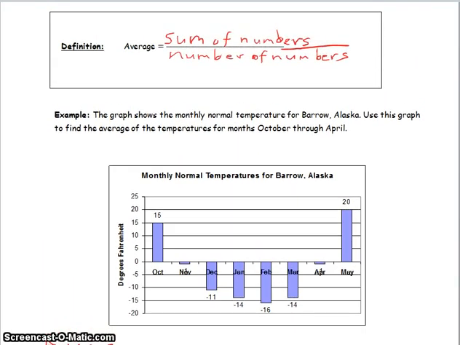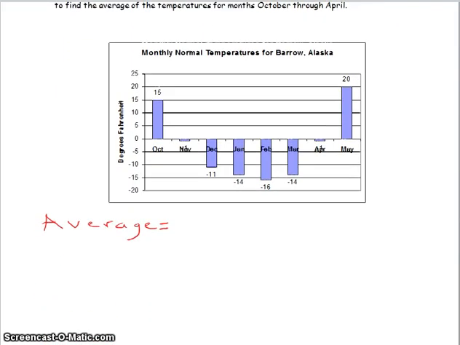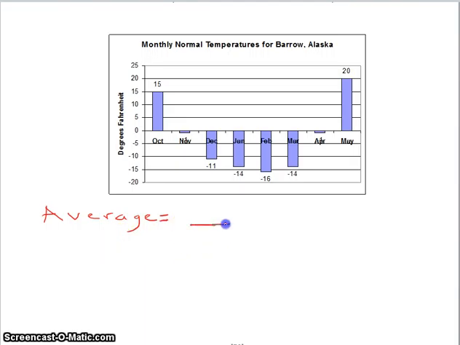Average is the sum of the numbers divided by the number of numbers. Now the easiest thing typically to find out is the number of numbers. We're going October to April. So that's 1, 2, 3, 4, 5, 6, 7 numbers. So we will have 7 numbers.